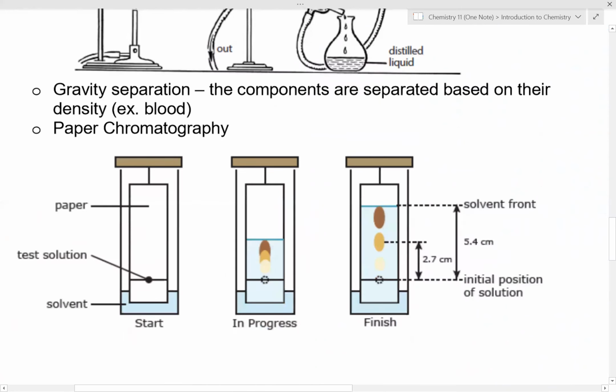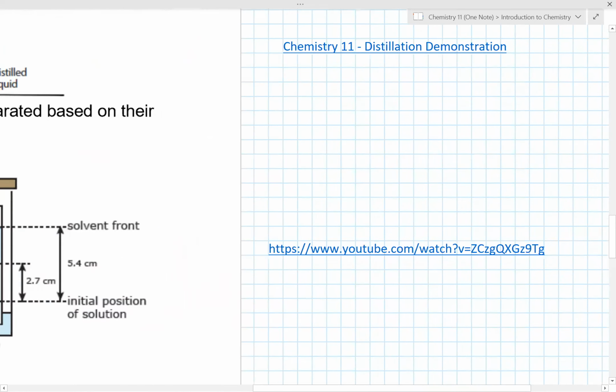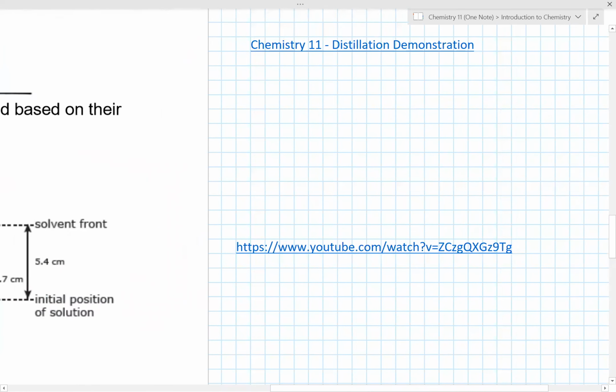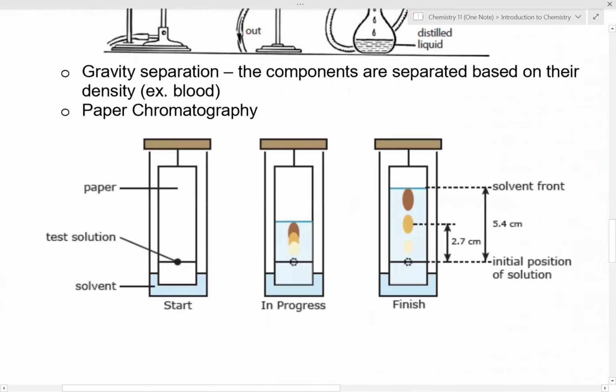And the other one is paper chromatography. Paper chromatography uses the fact that some substances move faster than others in a solvent like water, and therefore are able to be separated. Again, in the link below, please click on the YouTube link to see what the chromatography looks like.